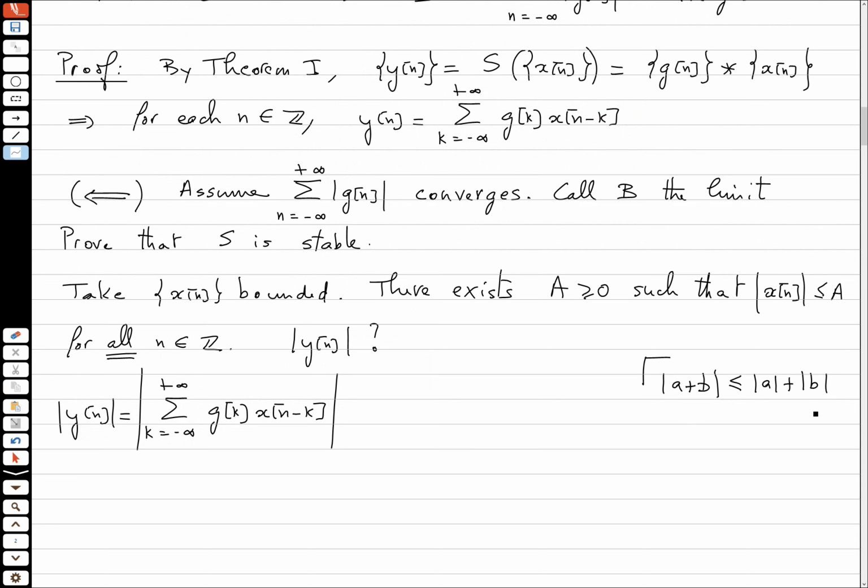Isn't that obvious? What happens is that a plus b, if a and b have the same sign, then you get the same value. But the problem is that here they could subtract each other, right? But here they never subtract each other. They only add up. So it's obvious that this is greater.